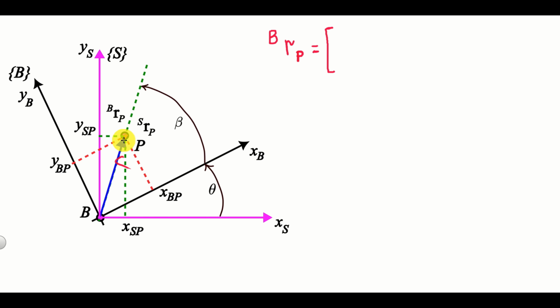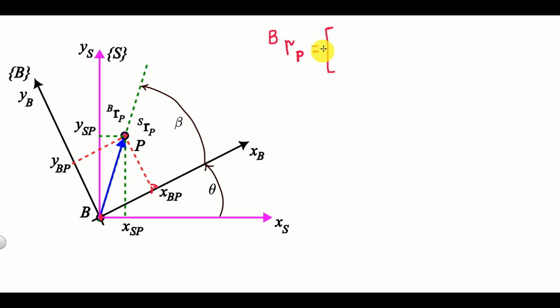The projection of this vector onto the XB axis of the frame B is constructed like this. We create a line that creates an angle of 90 degrees with this axis XB. Then the projection is actually this distance over here, from here to here, measured on the XB axis.